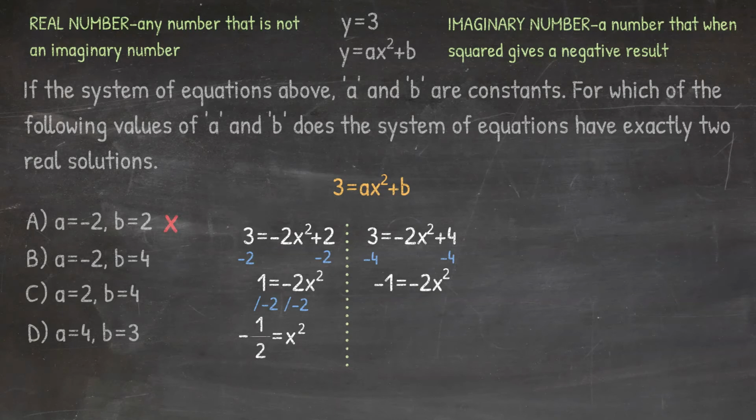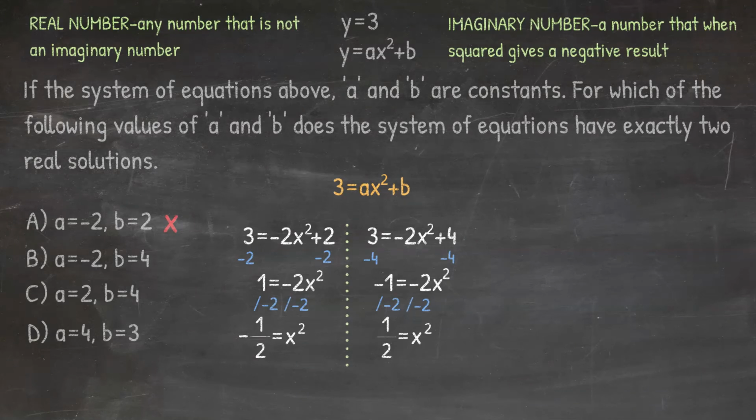Now let's reverse the multiplication by -2 and divide both sides by -2. What we get is x squared on one side, and on the other side we have -1 divided by -2, which means that we have a positive 1/2.